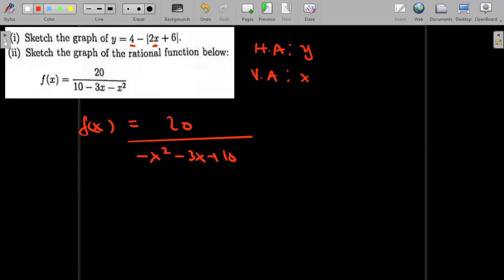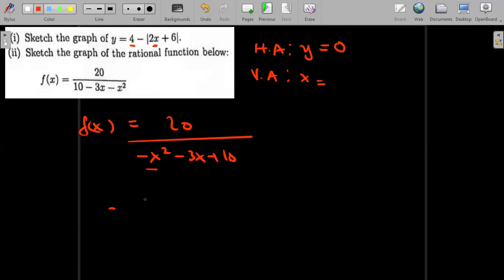To find the horizontal asymptote, whenever the equation is bottom heavy like this one, where you have x variables down but nothing on top, your y asymptote is always going to be y equal to 0.